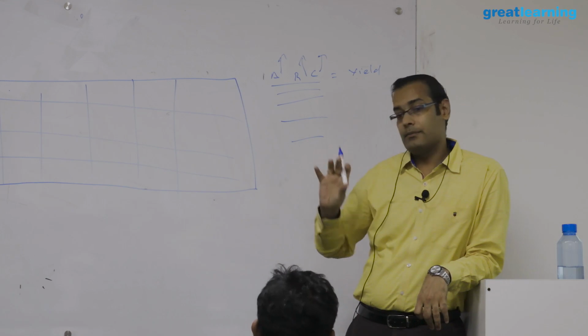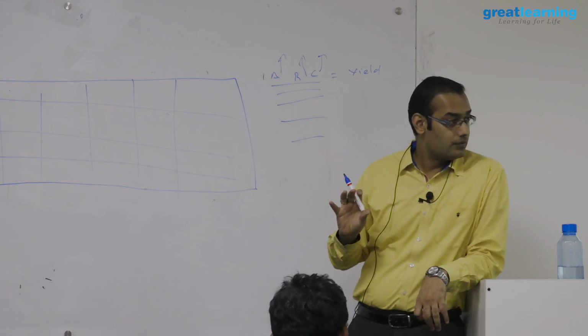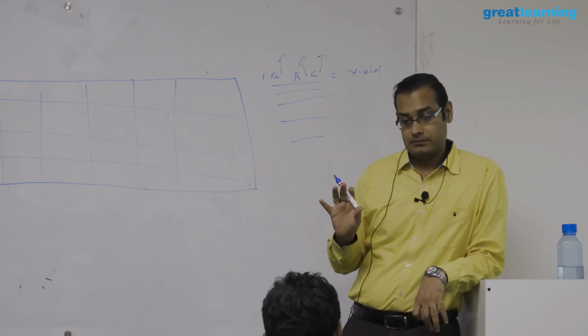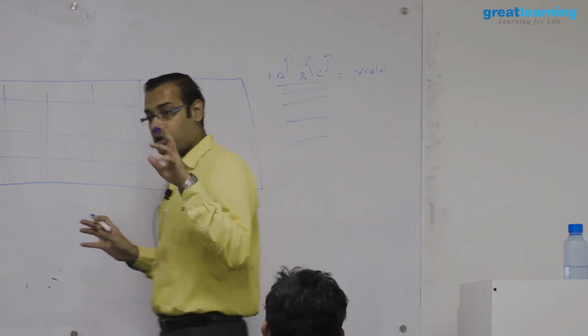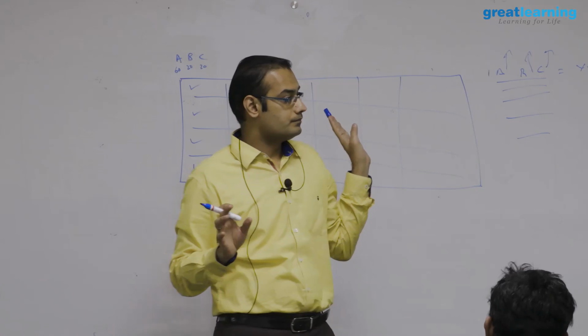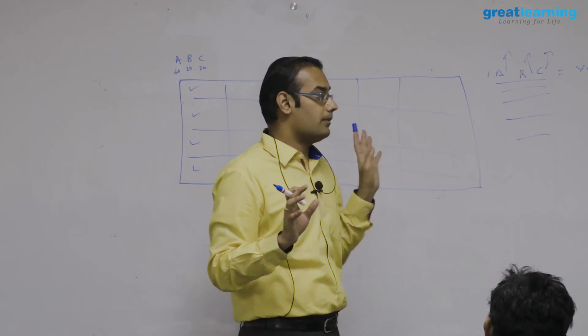However, we are going to take a very simple approach, which is a simple one-way ANOVA, which is analysis of variance. Here only one parameter is changing.